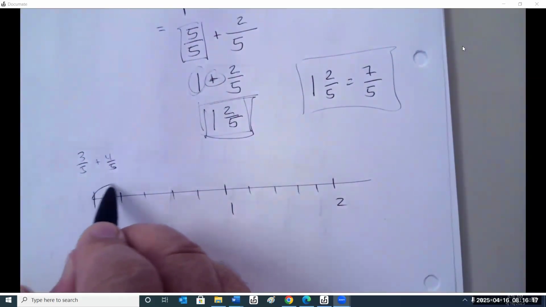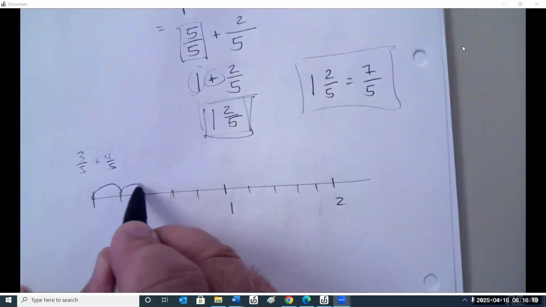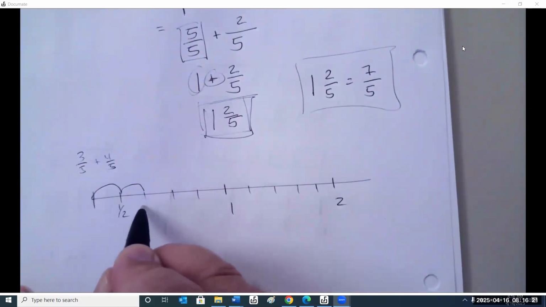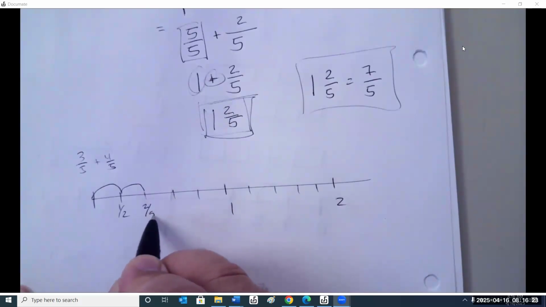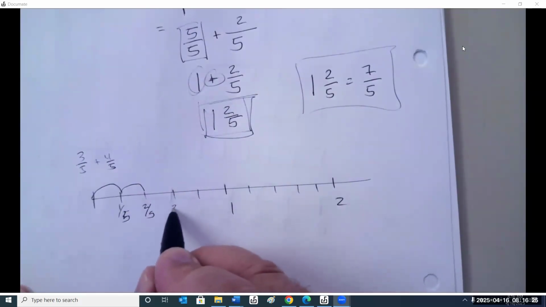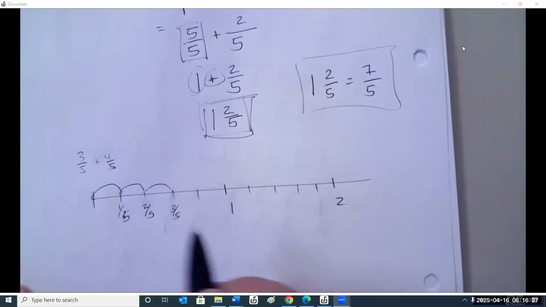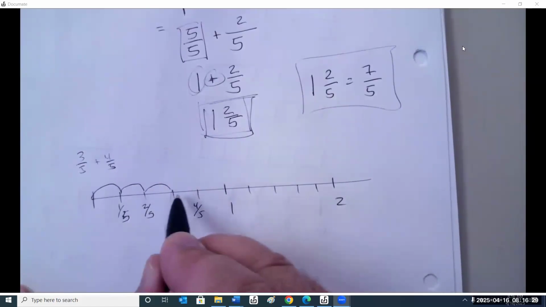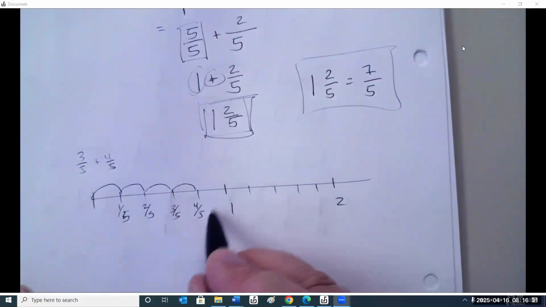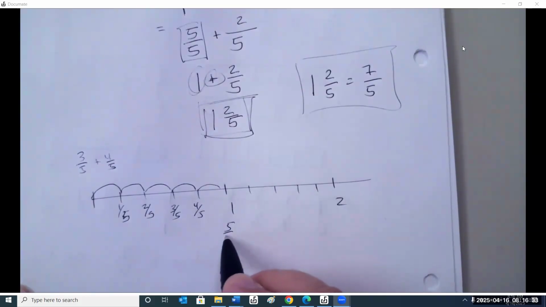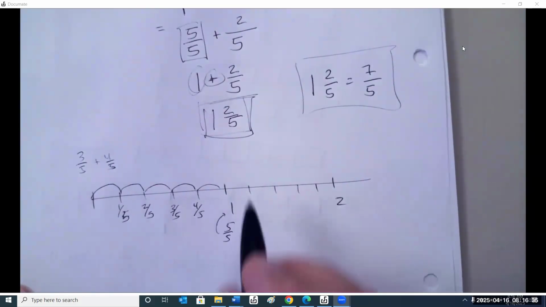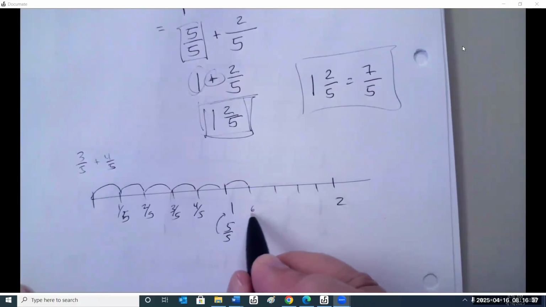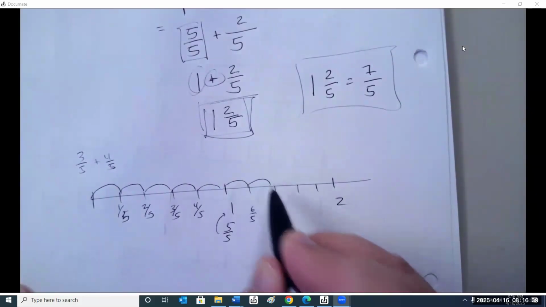I can use, that's 1 over 5, 2 over 5. This is 3 over 5. This is 4 over 5. This is 5 over 5, which is 1. This is 6 over 5. And this is 7 over 5.